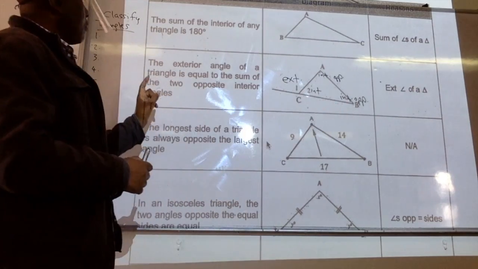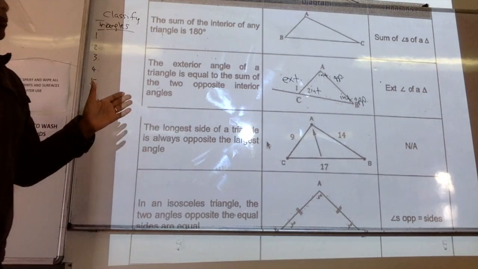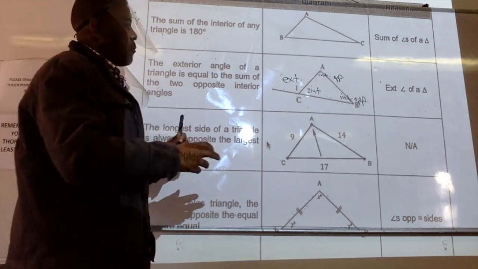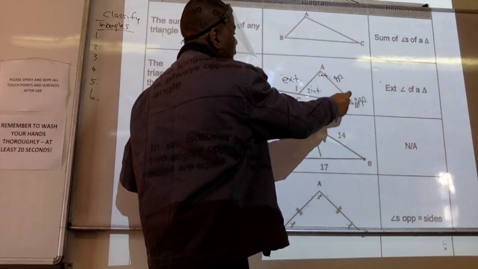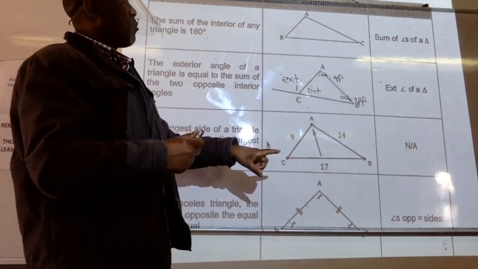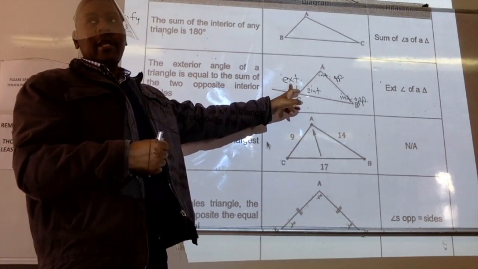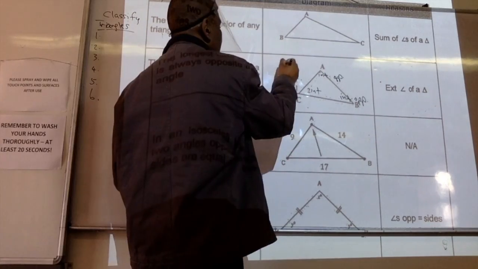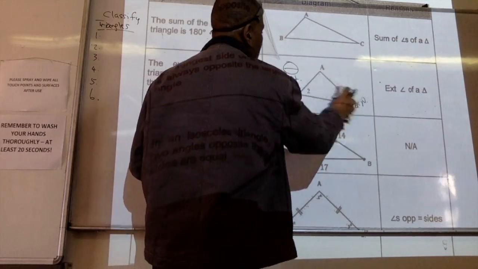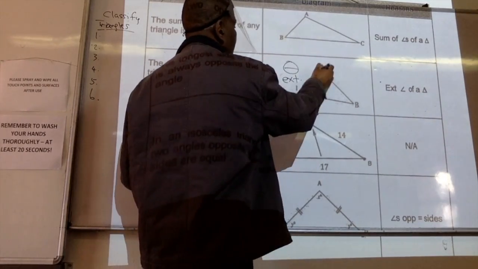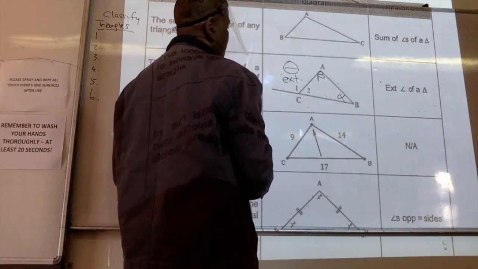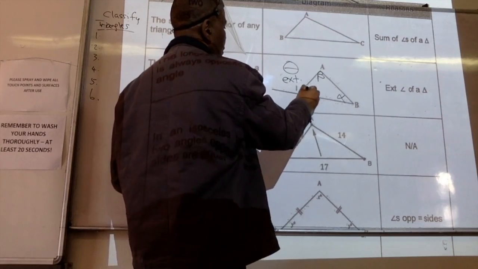And the theorem says if you take the two interior opposite angles and add them up together, they will give you the same value as the exterior angle. If I call this exterior one theta, and I call this one beta, and that one alpha, and this one omega.